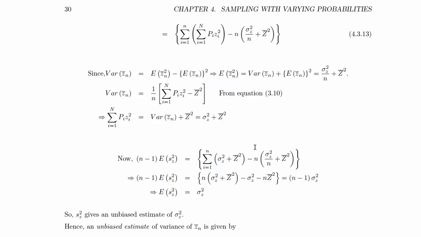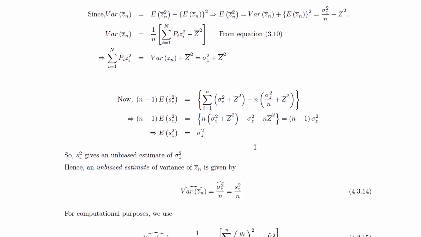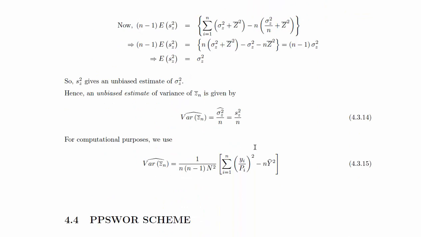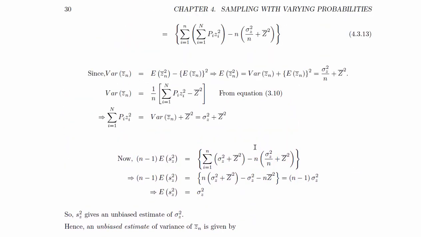So an unbiased estimate of sigma z square is given by sz square. So the unbiased estimate of the variance of the sample mean is equal to sz square by n, where sz square equal to 1 by n minus 1 into summation i equal to 1 to n of zi minus Zn bar whole square.